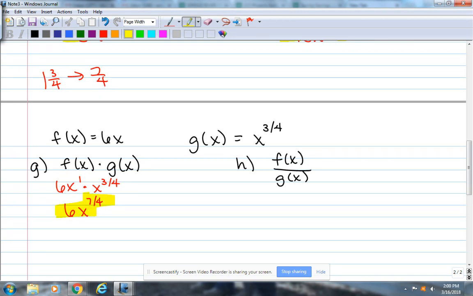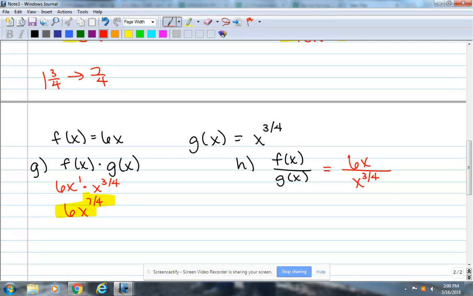All right, so now let's divide them for problem 8. F of x divided by g of x. So I take f of x, put it over g of x. Now, what do I do if I divide two things with the same base? Subtract their exponents, right?